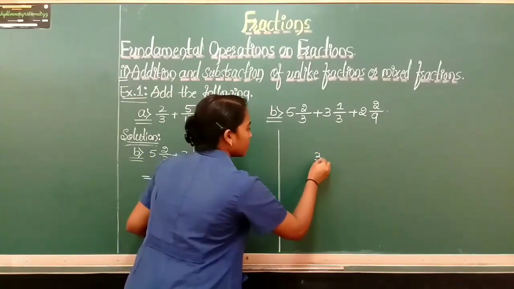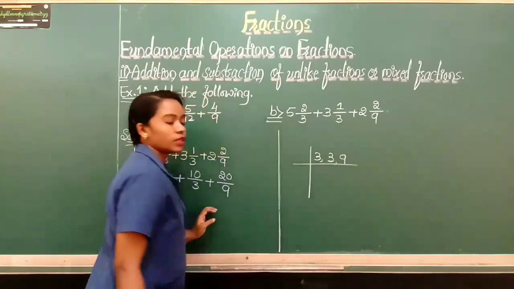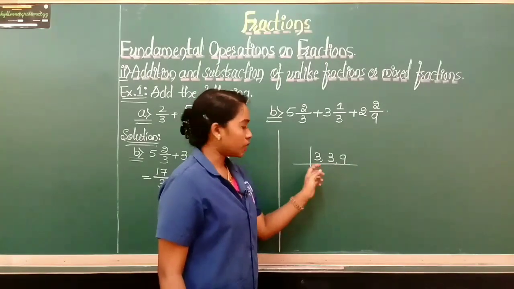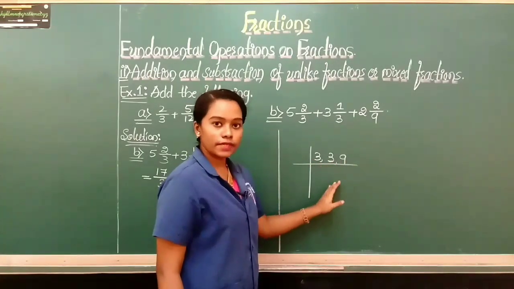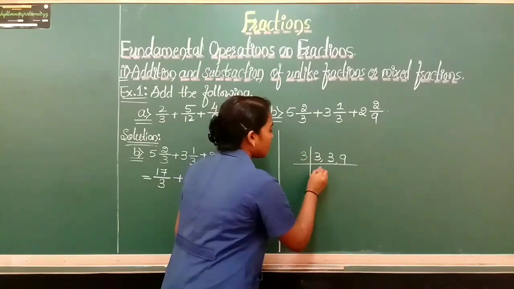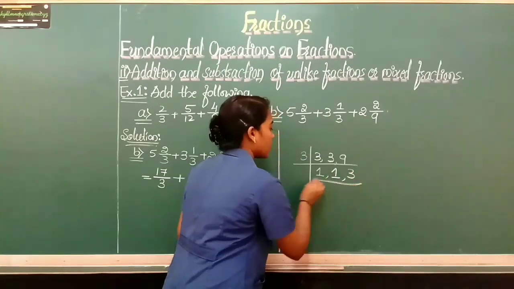3, 3, 9. We have to start with the smallest divisor. Here we can't take 2 because these are not divisible by 2. So start with 3. 3 ones are 3, 3 ones are 3, 3 threes are 9.